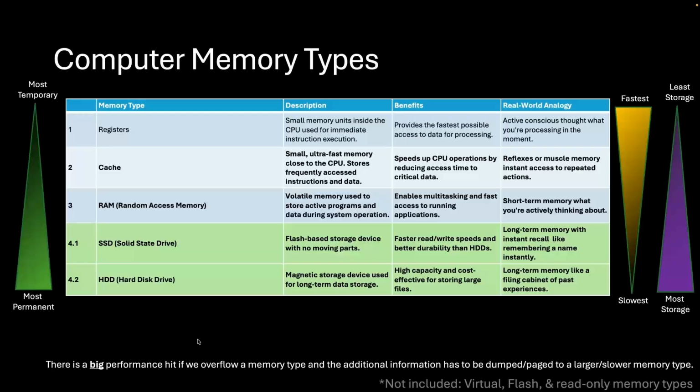And then next up, we've got RAM. You hear RAM and memory all the time on computers. We all wish we had more of it in our laptops. On work machines, it's pretty typical to have 8 or 16 gigabytes.